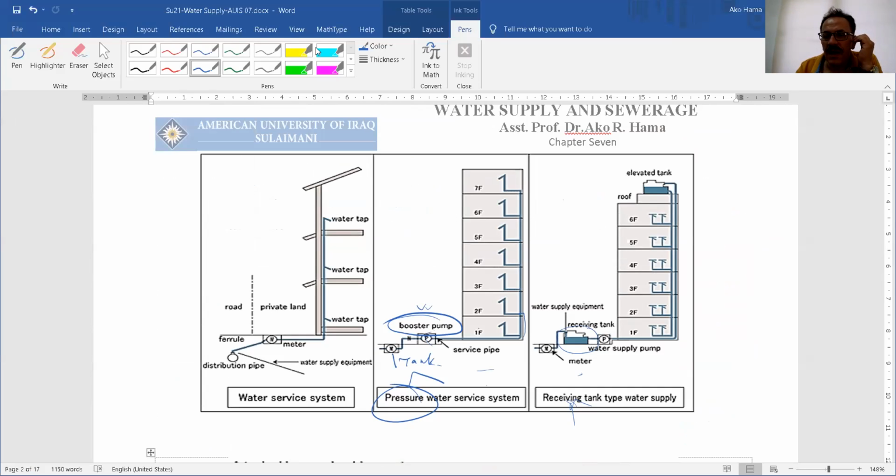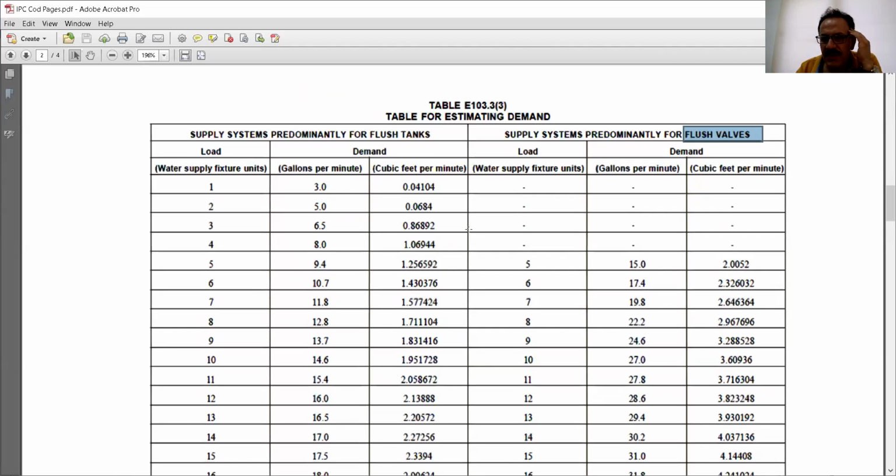After you know what the system is, you will go back to the table. The total load was 7. Which 7 do I have to use? This is not used, I will go with this one. For having 7, you need 19.8 gallons per minute, which is equal to 2.646 feet cube per minute.